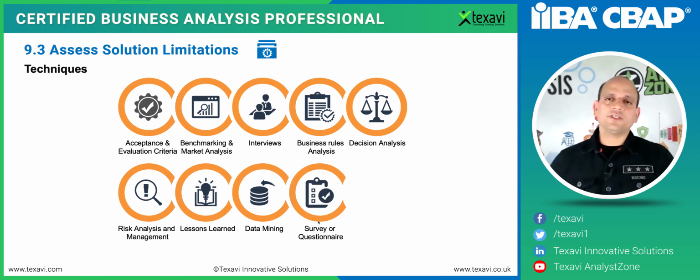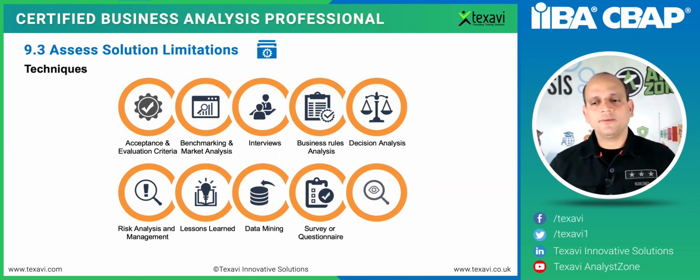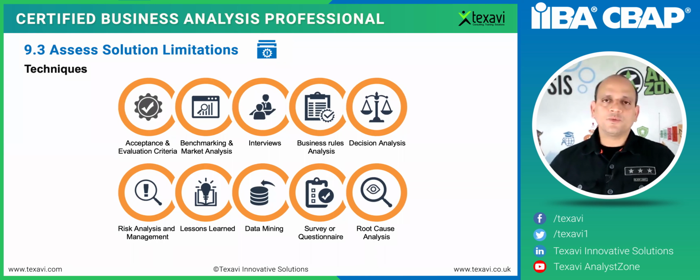The surveys or questionnaires, again, are a good way of gathering quantitative data that would really help you to assess how the customers and end users are perceiving your product and the solution at this stage. And the root cause analysis would help you delve deeper into some of the key causes and key concerns that you have had in terms of the limitations of the solution and what you can do.